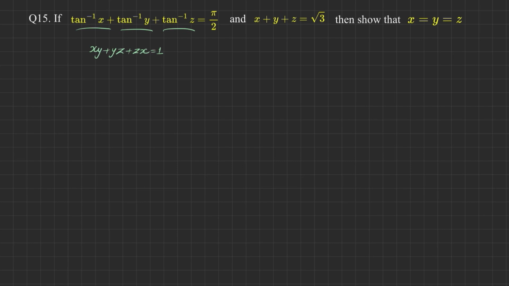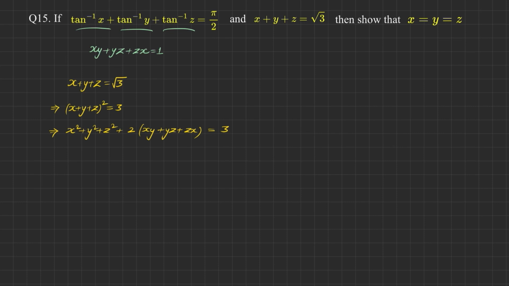So x plus y plus z equals root 3. If I square both sides, then it will be (x plus y plus z) whole square equals 3. The formula for (x plus y plus z) whole square is x square plus y square plus z square plus 2 times (xy plus yz plus zx) equals 3.